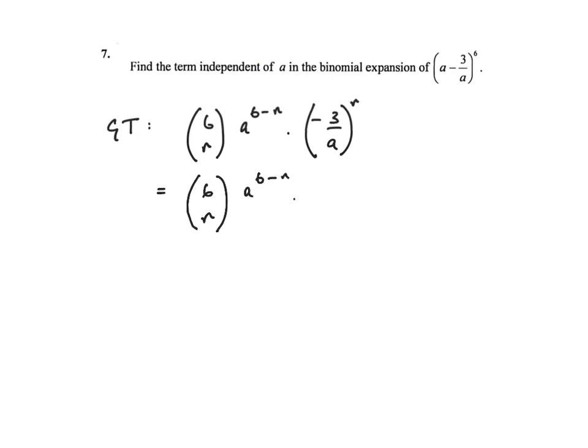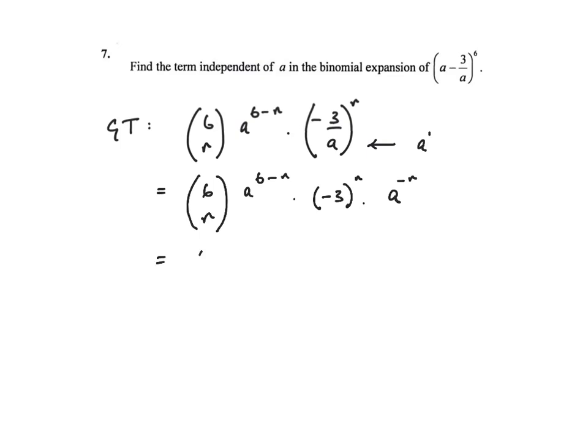Now, this last part gives me minus 3 to the power of r. But I have a to the power of minus 1. This a on the bottom is a to the power of 1. But when we take it up, we get a to the power of minus 1, and that's multiplied by r. So that's a to the power of minus r.